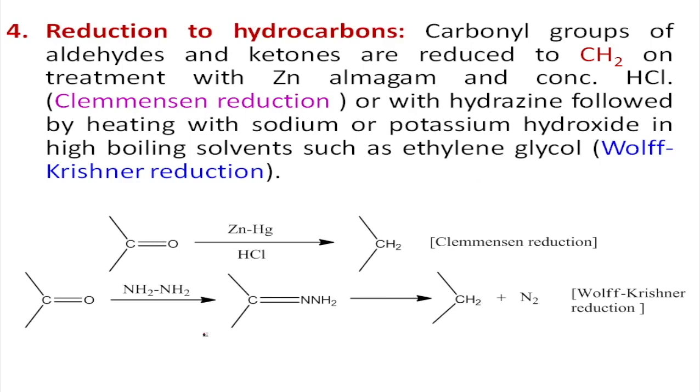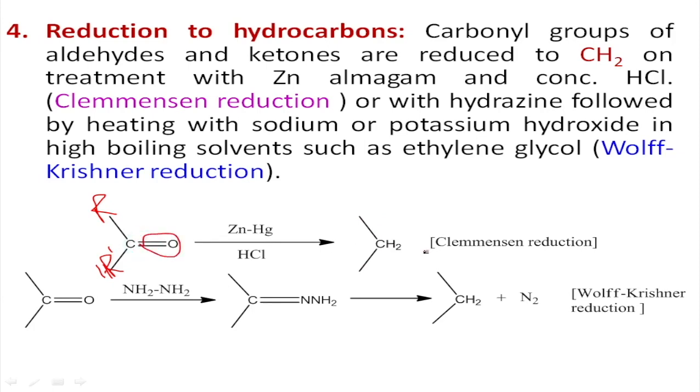Alternatively, hydrazine followed by heating with sodium or potassium hydroxide in high boiling solvents such as ethylene glycol, the Wolff-Kishner reduction. Here the carbonyl group is an aldehyde, or a ketone with R prime, and with zinc amalgam, which is mercury amalgam, it reduces and you get the alkane.